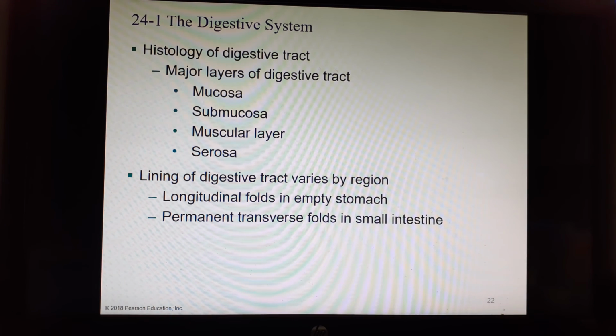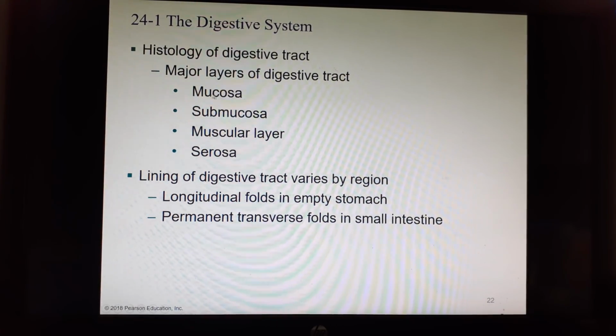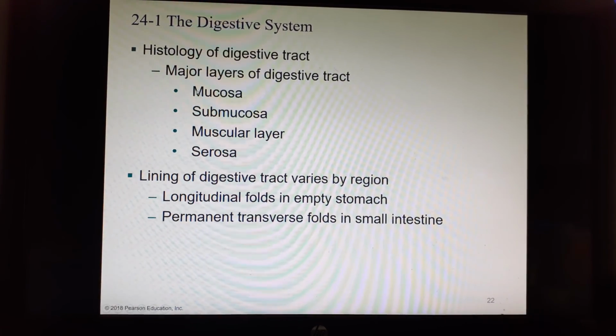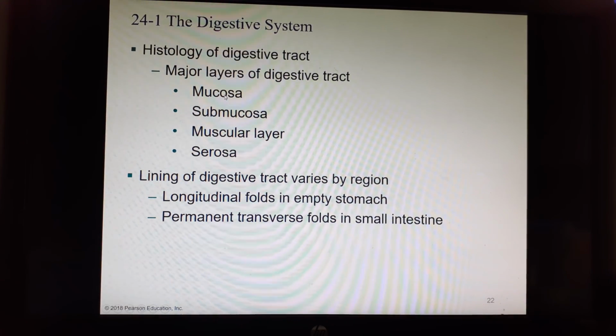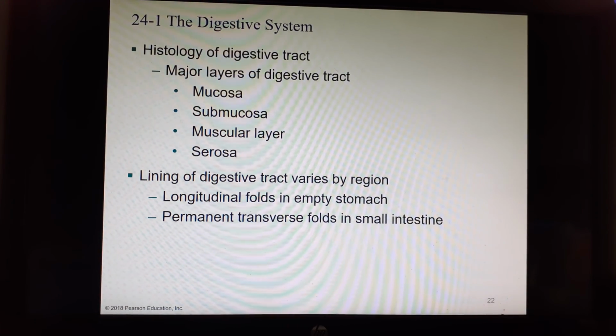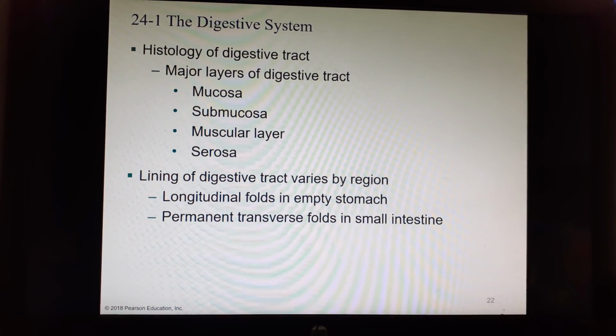So, starting from the inside of the tube, the lumen, the first layer that forms the inner lining of the digestive tract is going to be called the mucosa. And from its name, you can realize there's going to be a lot of glands that secrete mucus. It's going to be made of an epithelium with some connective tissue, okay?